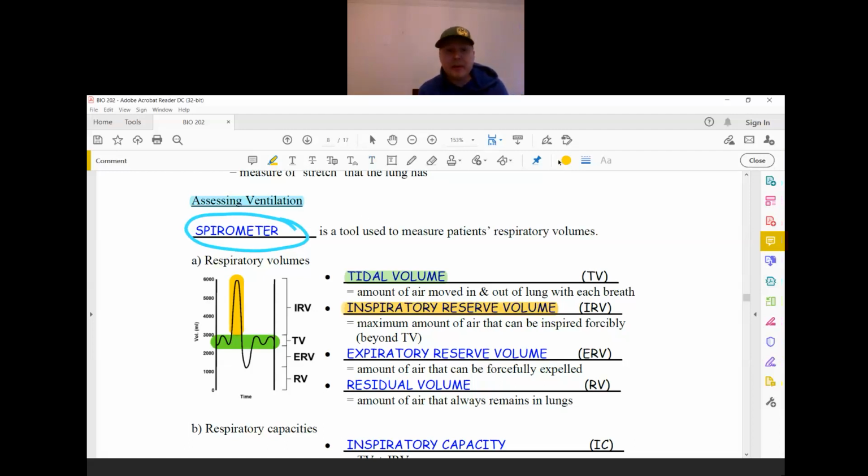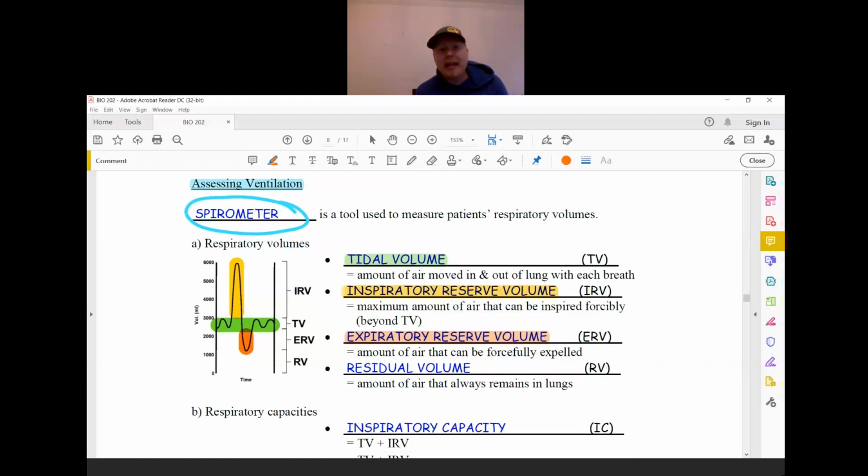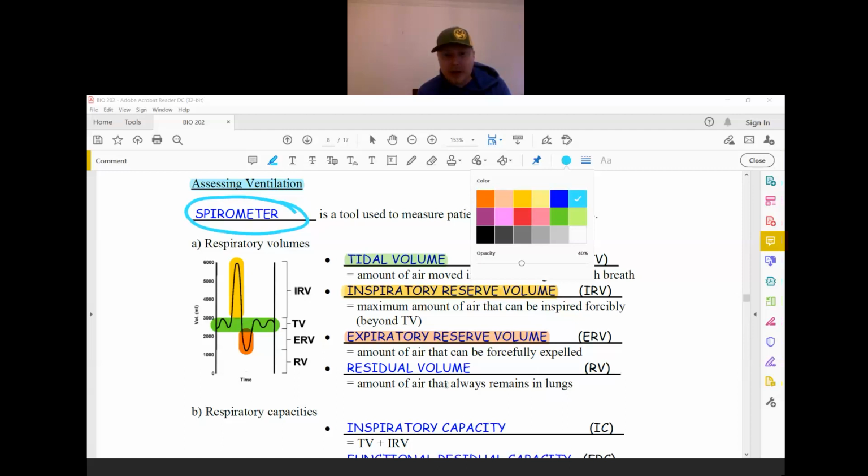The next one that we're ready to have a look at is our ERV, expiratory reserve volume. That's the amount of air that can be forcefully expelled, breathed out beyond the tidal volume. And finally, we're left with something called residual volume.